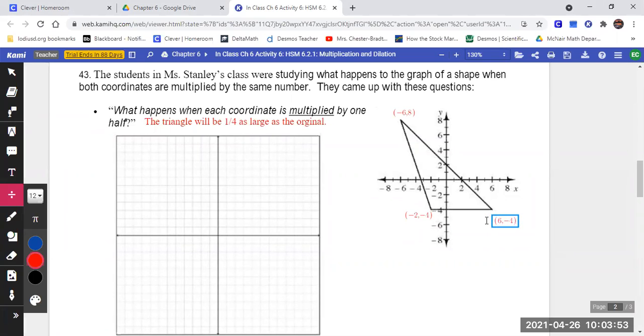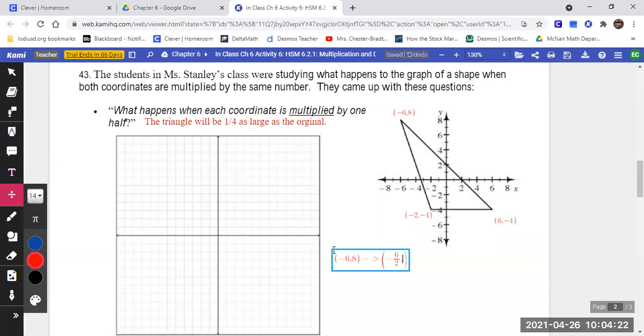Now they told us to take each one of those and multiply times half, right? So just like we did up above, we're going to take our original coordinate, which our first one, -6, 8, right? And we are going to change it by doing -6 divided by 2. That's taking half.